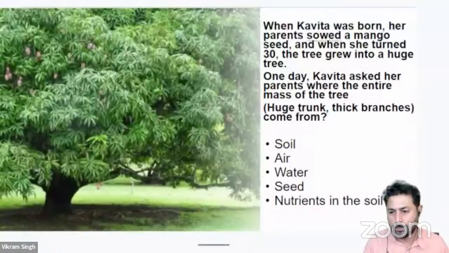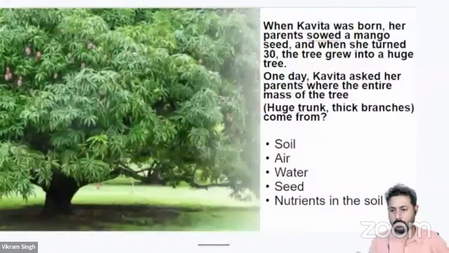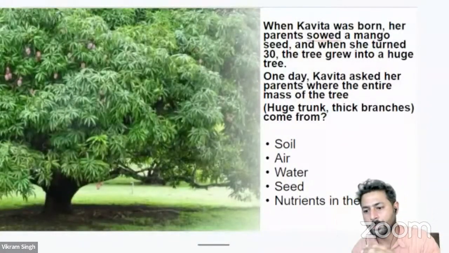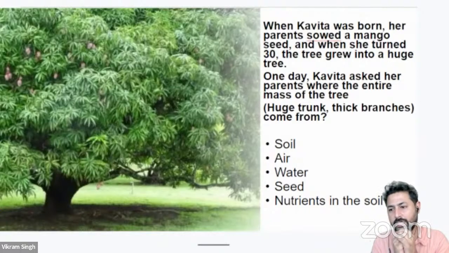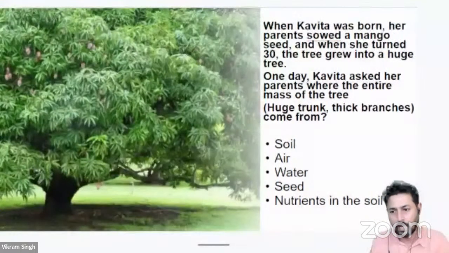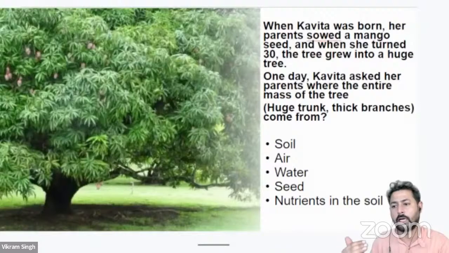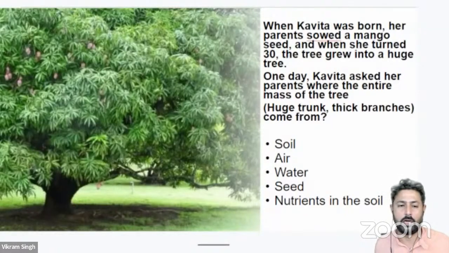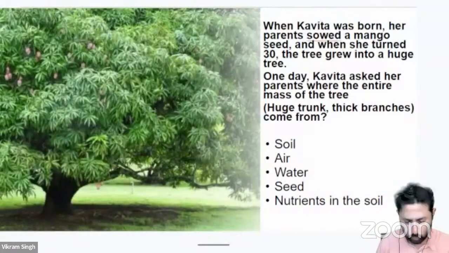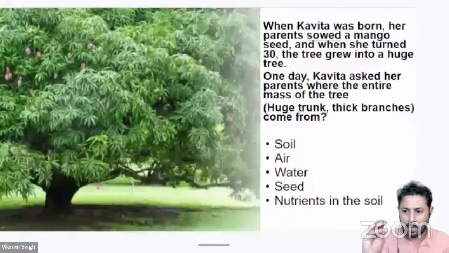In this question, when Kavita was born, her parents sowed a mango seed, and when she turned 30, the tree had grown into a huge tree. One day, when Kavita turned 30, she asked her parents, "You just sowed a mango seed.